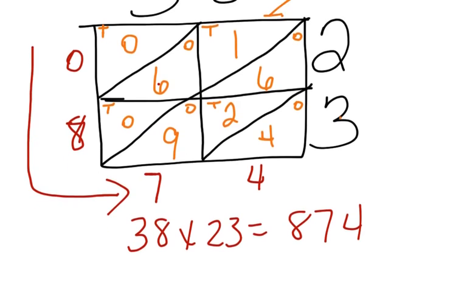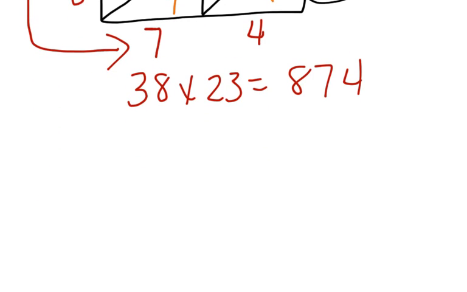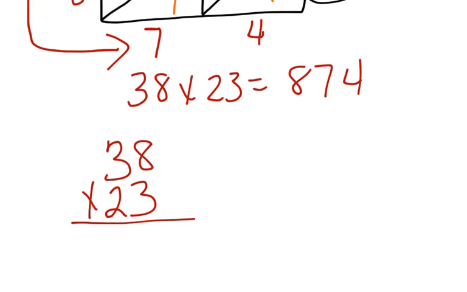So let's look at that using another method so we can check it. So 38 times 23. And we're going to use the Wolverine. So 3 times 8 is 24. Regroup that 2. 3 times 3 is 9 plus 2 is 11.